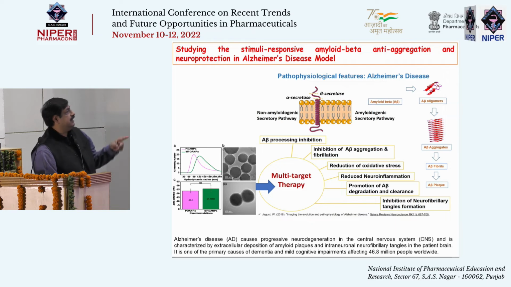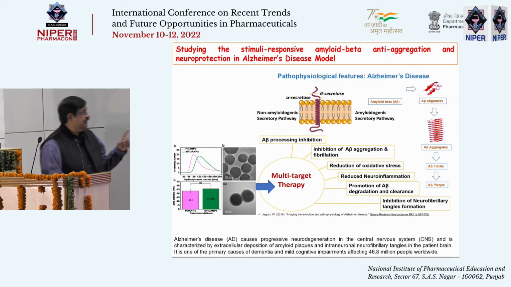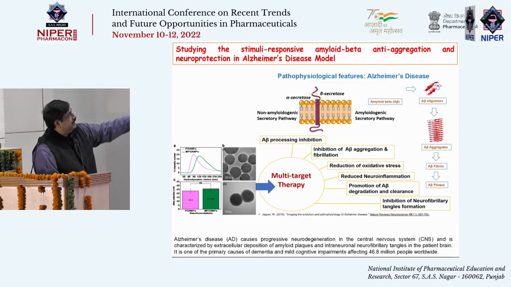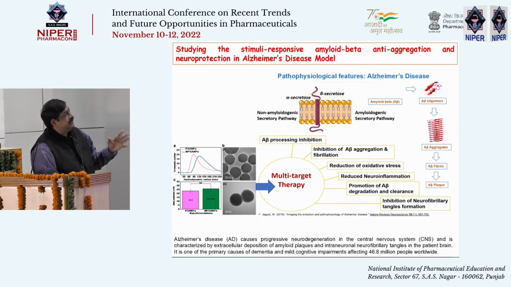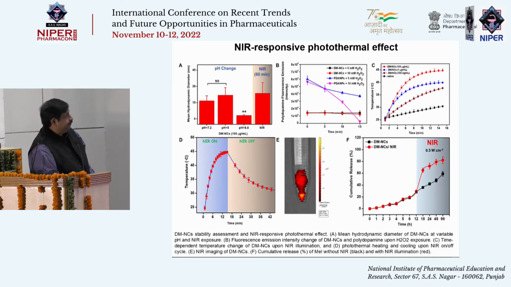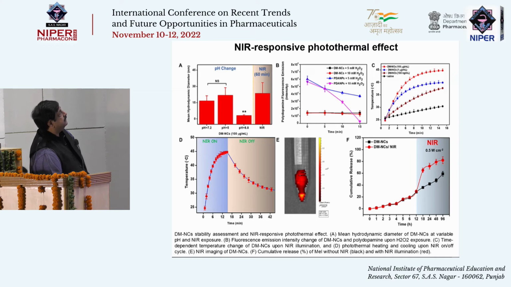So we targeted and tried to see at which pathway or which steps this therapy can disintegrate or prevent the aggregation in our model. First, we checked the stability at different pH.